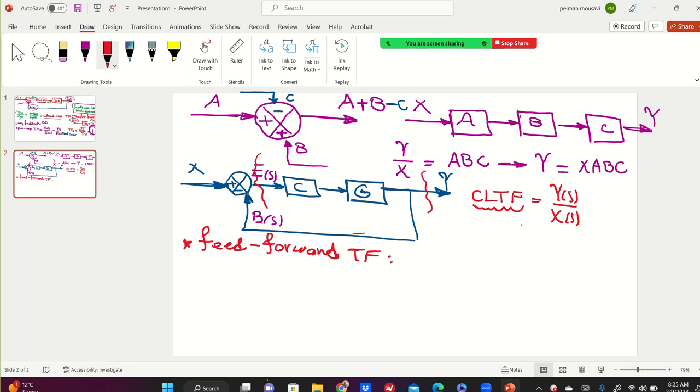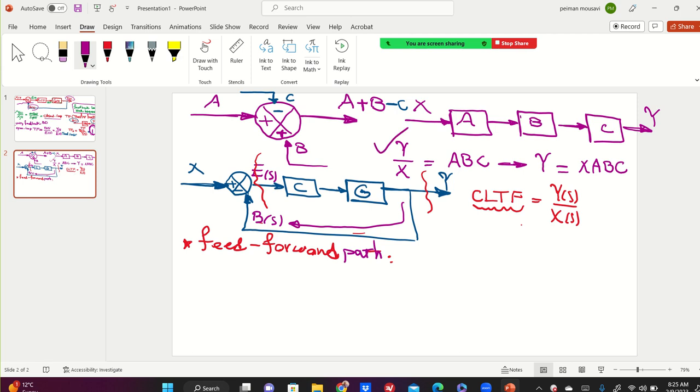Only this part going forward. E goes to C, C goes to G, G goes to Y. This is the feed forward path. Feed forward path, not block diagram. This is the feedback path, but this is the feed forward path.